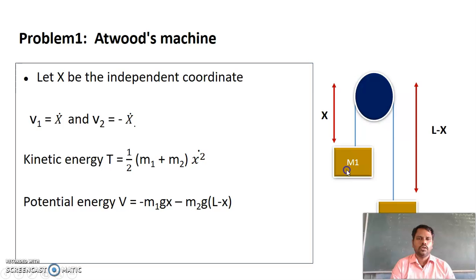Two bodies of mass m1 and m2 are connected by an inextensible wire of length L and pass over a small smooth pulley. Now let us consider two bodies of mass m1 and m2 connected with a length of wire L passing through a smooth pulley.